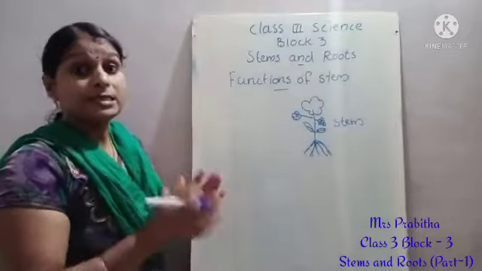Then the second function. We know the plants can stand straight only through the stem. So the second important function of stem is that stem helps the plant to stand straight.